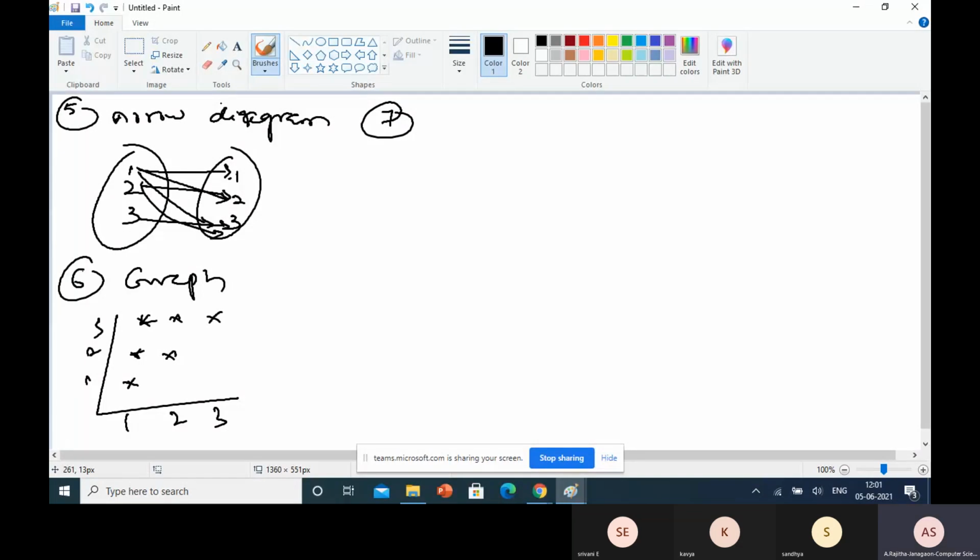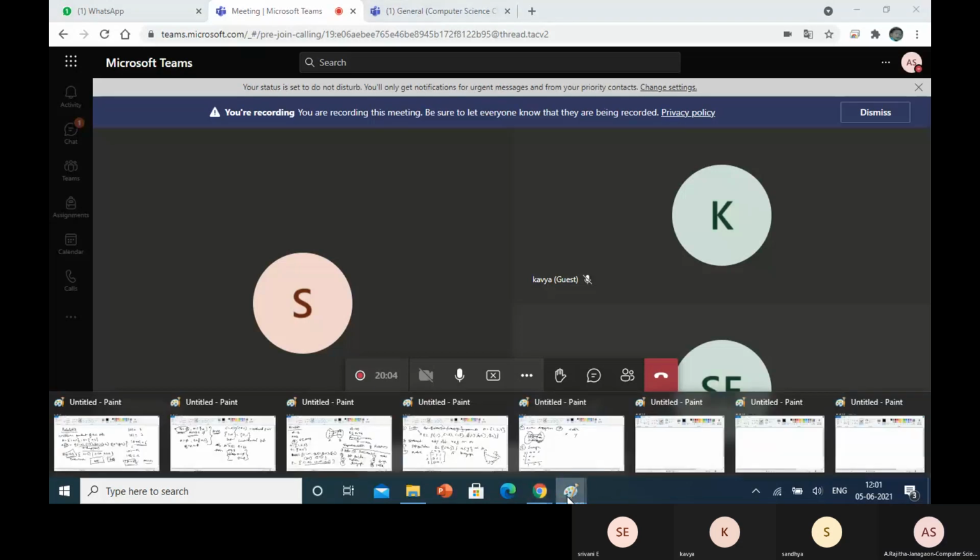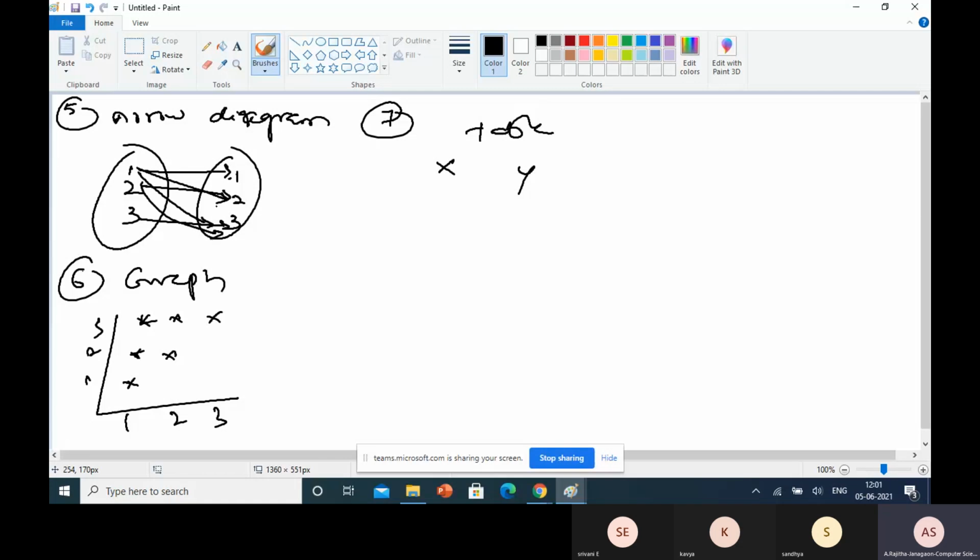And the last one is the table format. So in the table format, suppose here x and y, 1 to 1 is there, 1 to 2 is there, 1 to 3 is there.